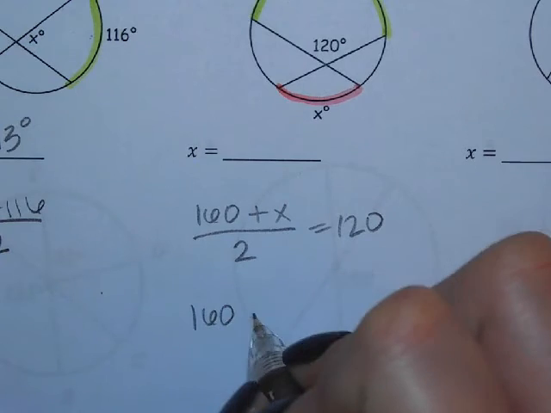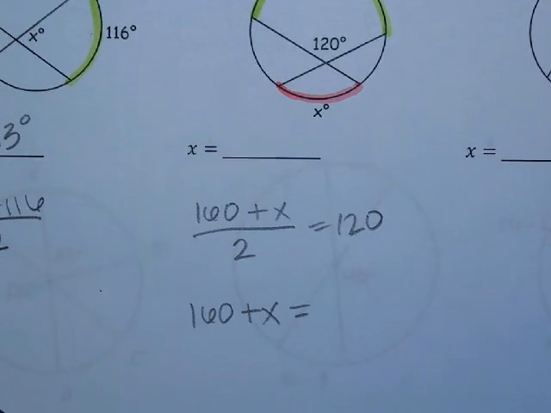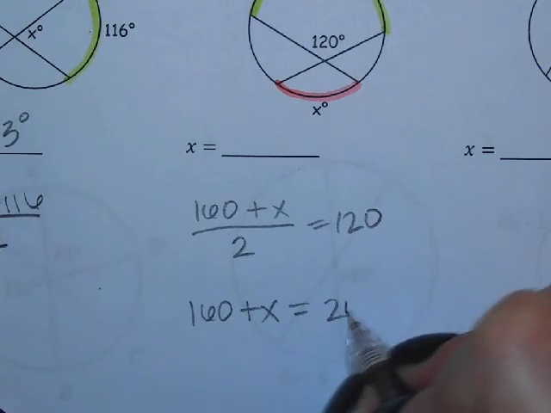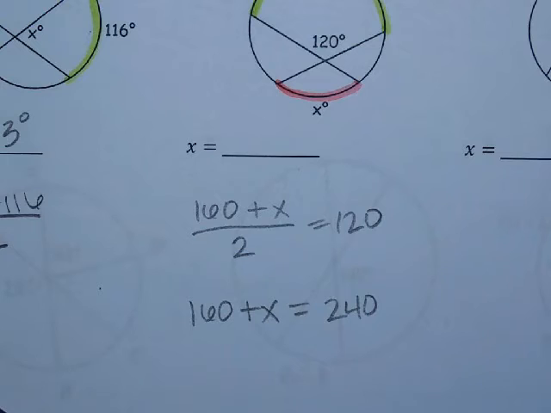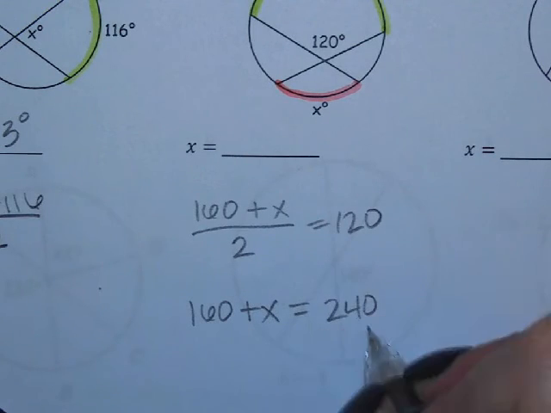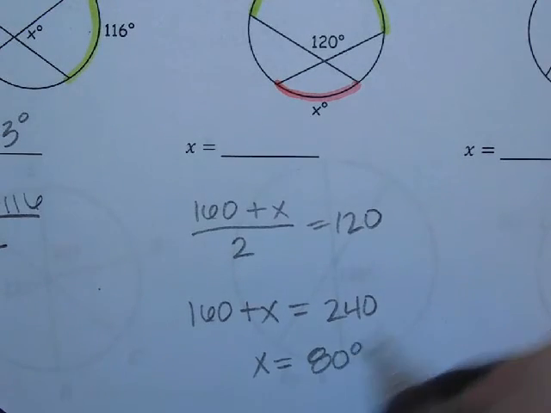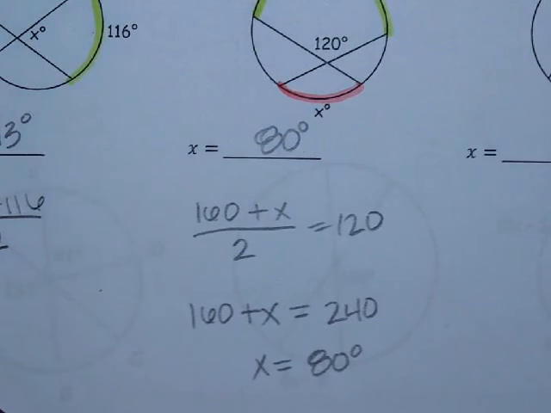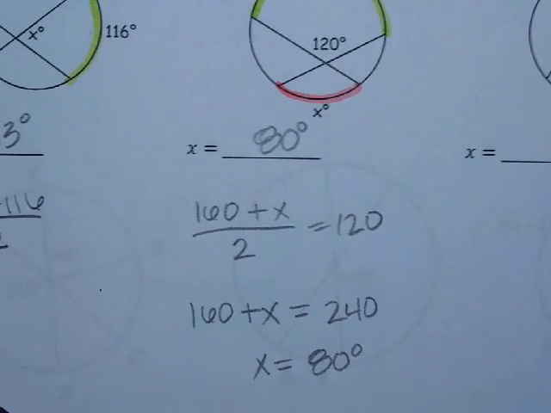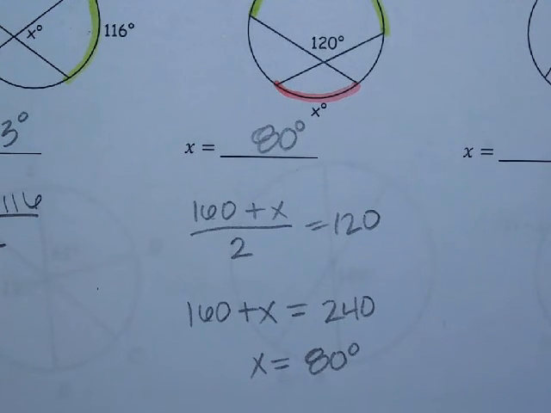So 160 plus x equals 240. And then what could I do? Okay, so 240 minus 160, 80. So 160 plus 80 divided by 2 equals 120.